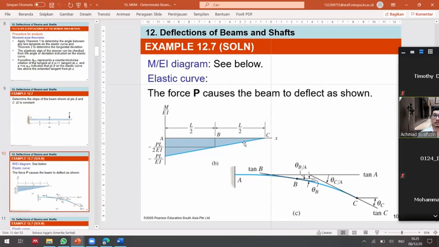Then we can use the moment area under the curve to get the slope, and the deflection as well.